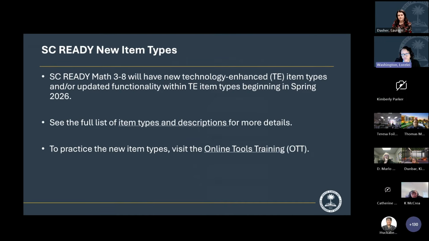So for grades 3 through 5, all of the technology enhanced items are new. For grades 6 through 8, a couple of things are new, and when we look at our OTT this year, we have reflected those things in the OTT.